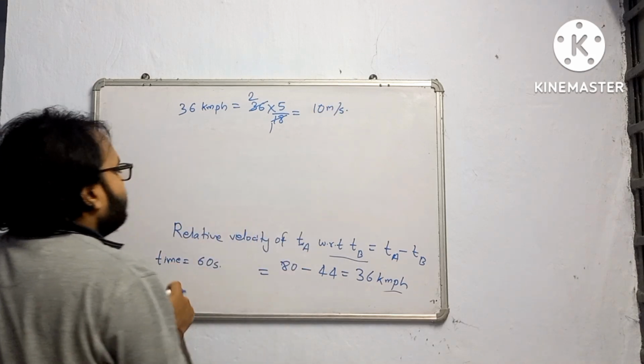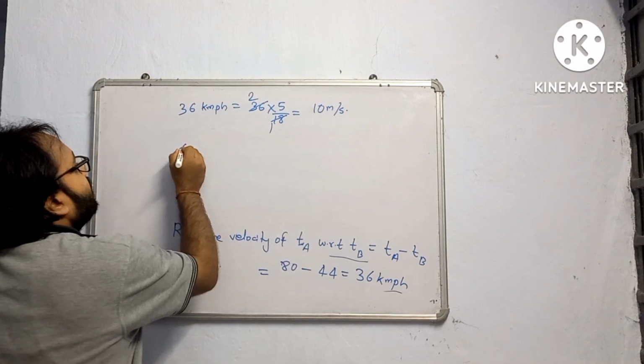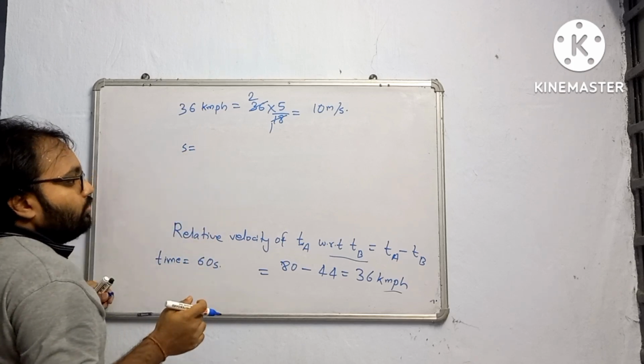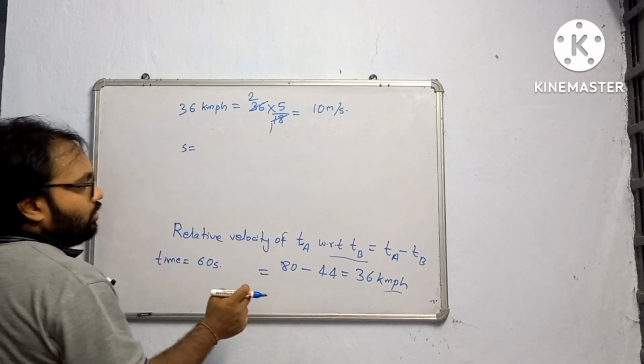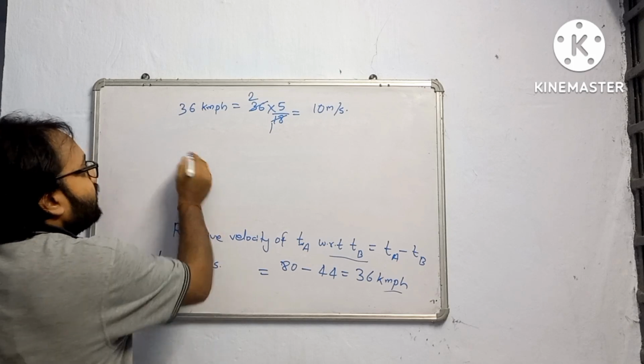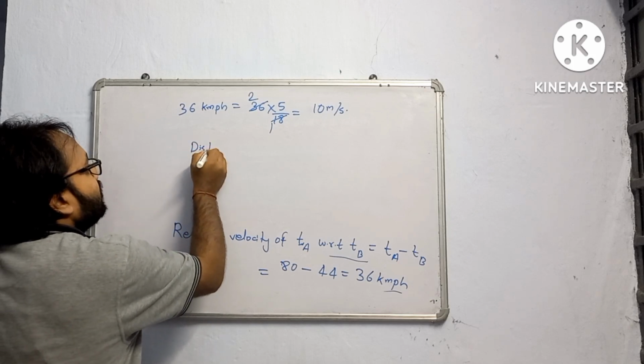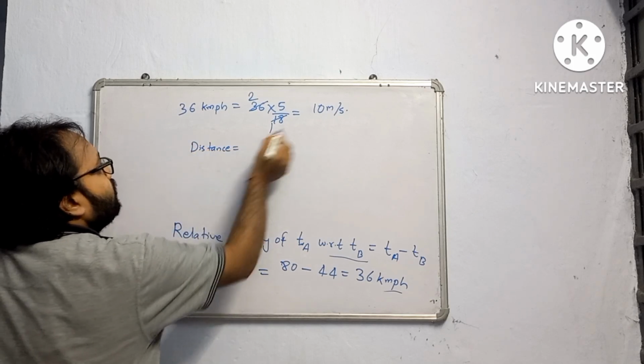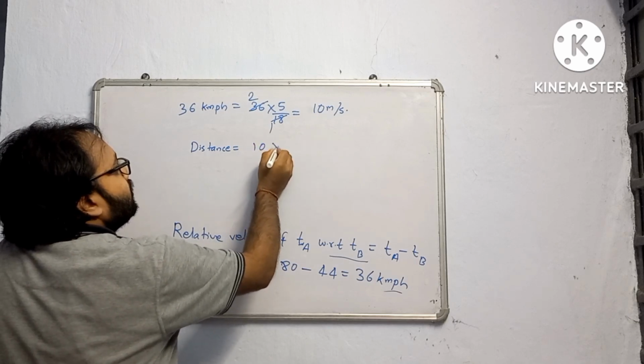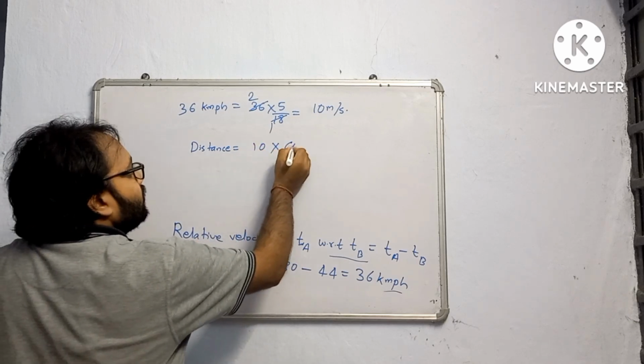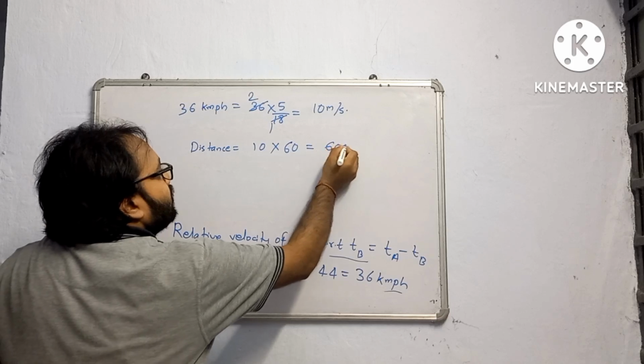This is the speed. Time is 60 seconds. We know distance is equal to speed into time, 60, that is equal to 600 meter.